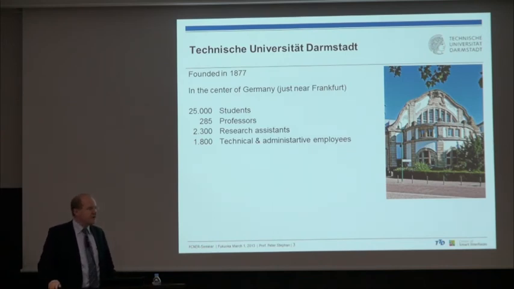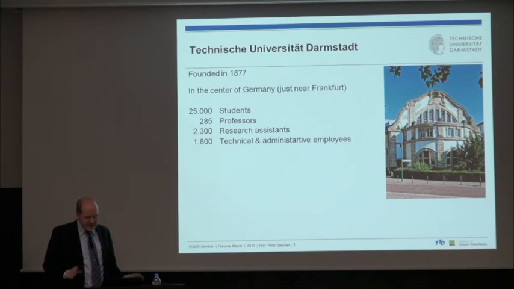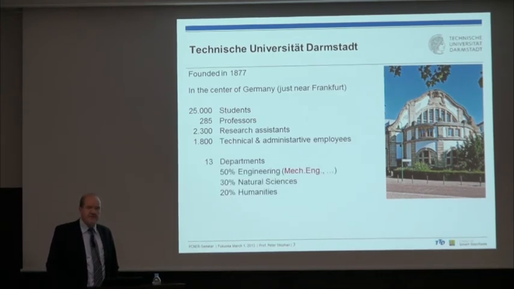We have in total about 25,000 students, a little bit less than 300 professors, and something about 2,300 research assistants, and also technical and administrative staff. We are divided into 13 departments. Almost exactly 50% of these departments are engineering departments.